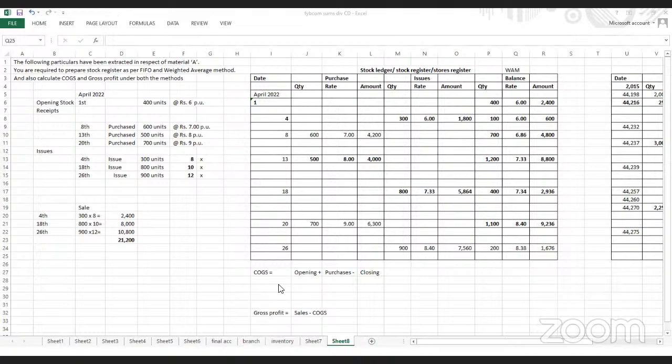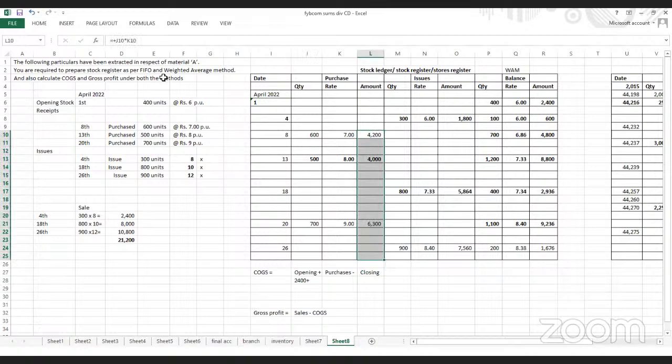Now let us calculate COGS. Opening stock 2400 plus purchases. Now to take total of purchase first. Okay, and purchase amounts must be same.